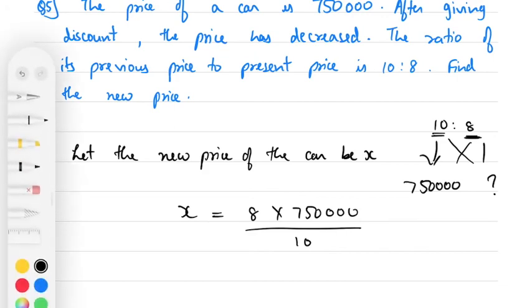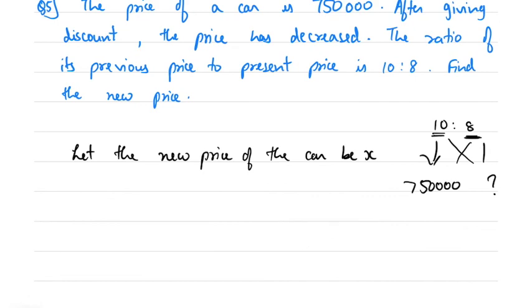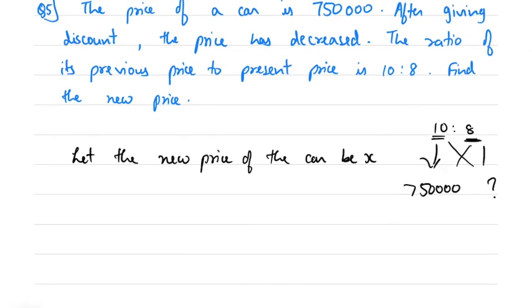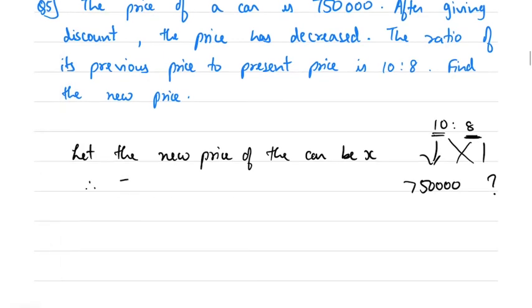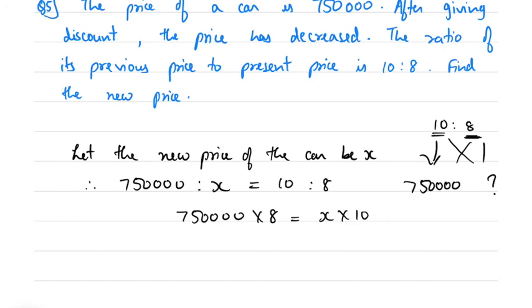Okay, or you can also write like this. Let the new price of the car be x. Therefore, 7,50,000 is to x is equal to 10 is to 8. Okay, so 7,50,000 into 8 is equal to x into 10.